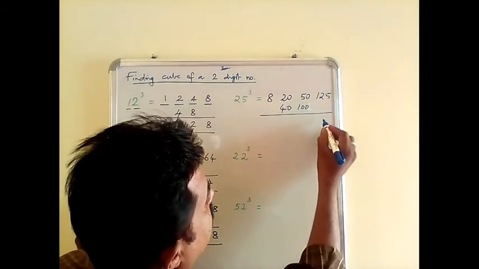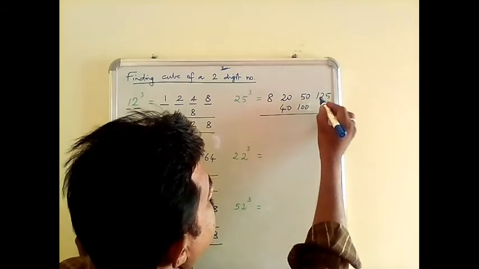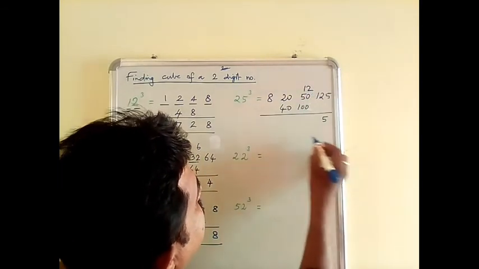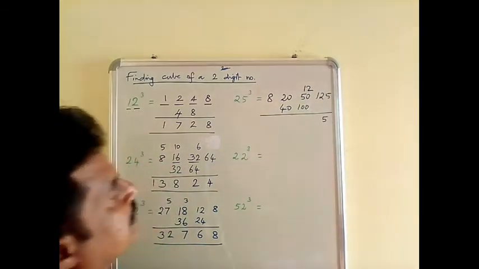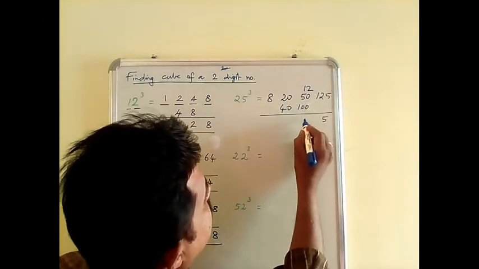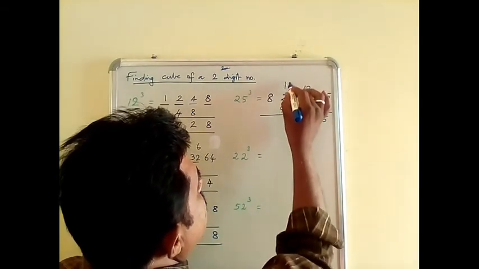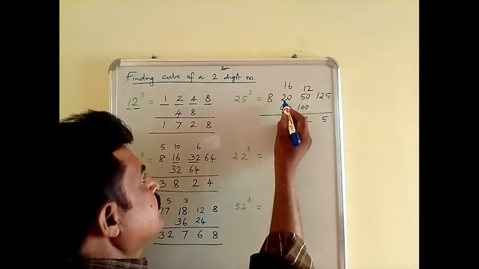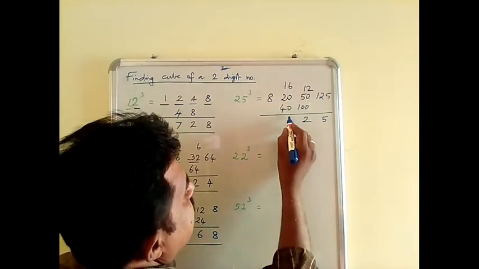Since we have only one digit here, the remaining 12 is a carry. Now this is 100, 50, again 12, so 162. So one digit is allowed, so 2, 16 is carry. 40 plus 20, 60 plus 16, 76.